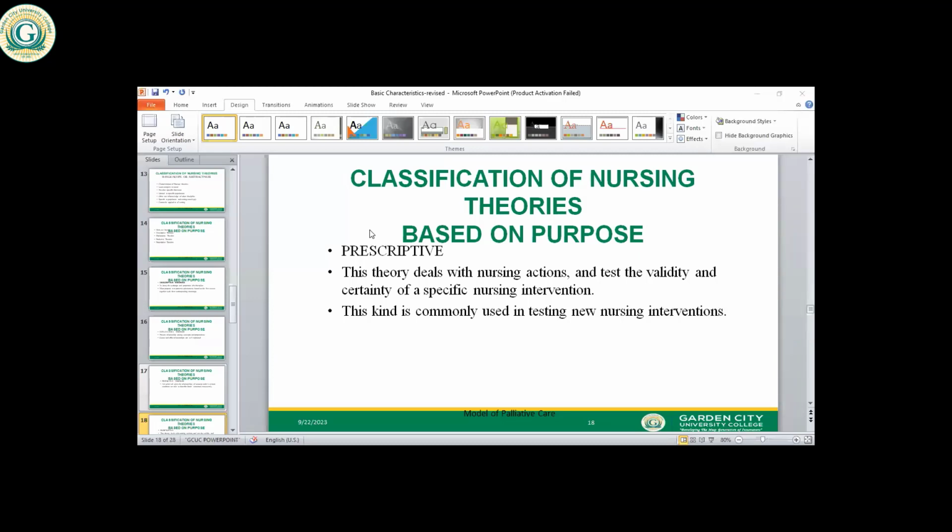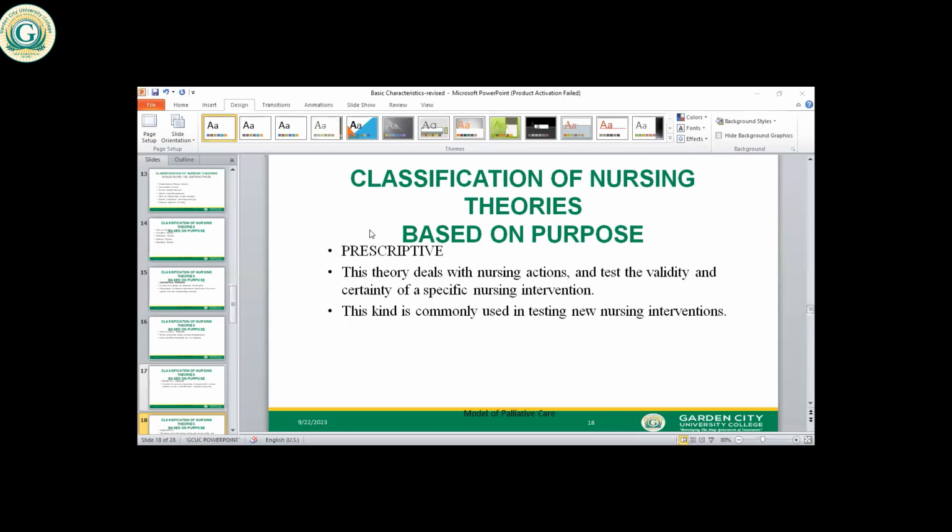So let's say with the outbreak of COVID-19, and we want to test any of the vaccines, we rely on the prescriptive theory, because it deals with actions and tests the validity and certainty of a specific nursing intervention.